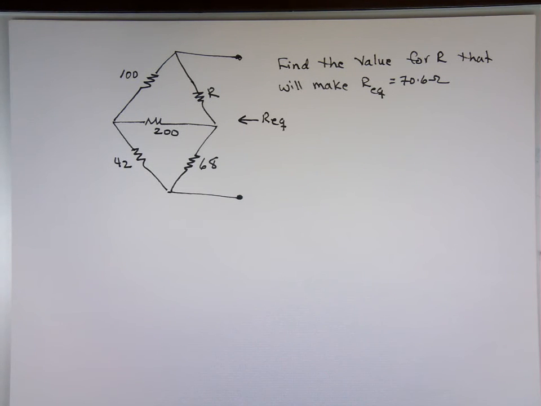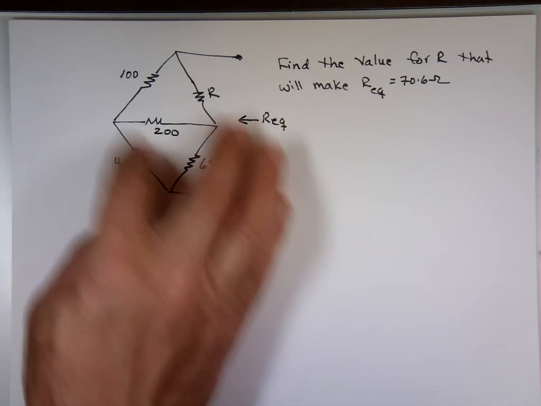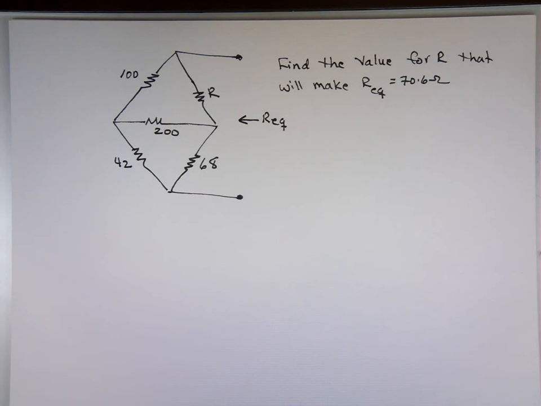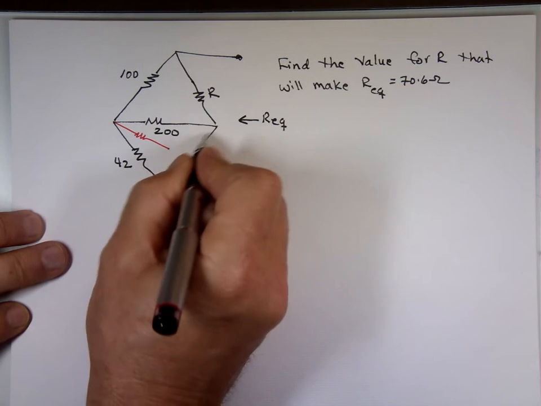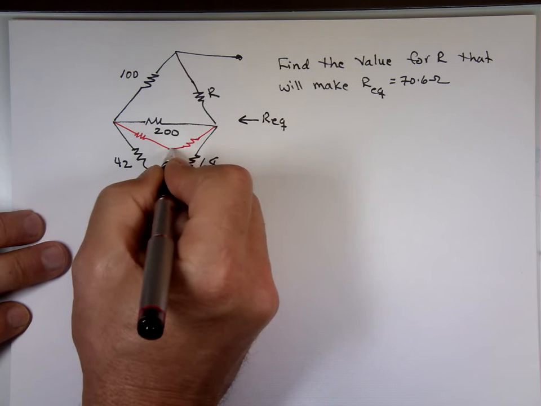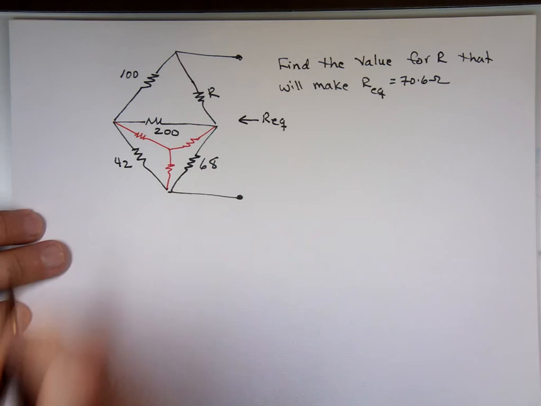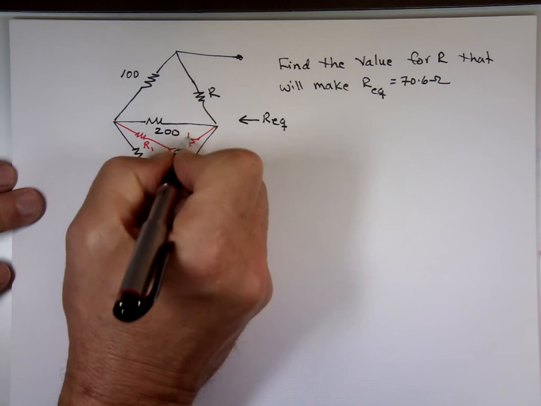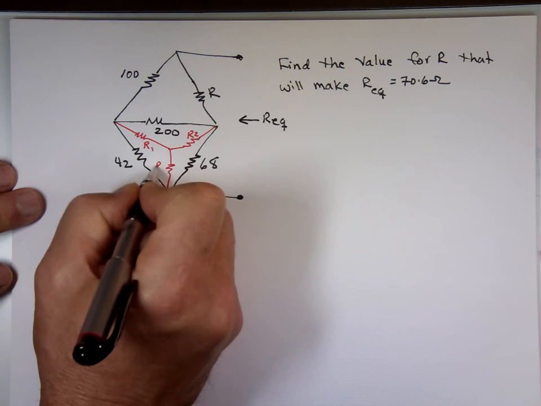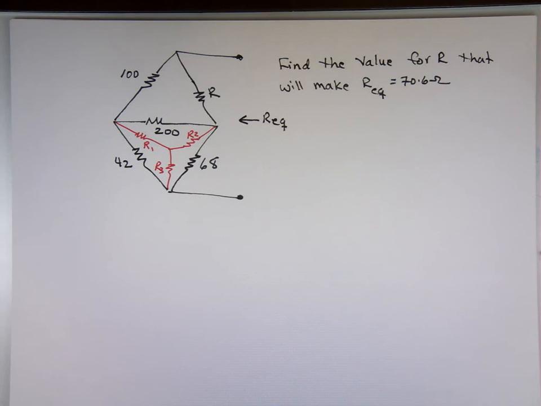But if I take the bottom, that looks like a delta, doesn't it? If I take that bottom and change it to a Y, and I'll call it R1, R2, R3, I will be able to take that circuit that you see on the top.